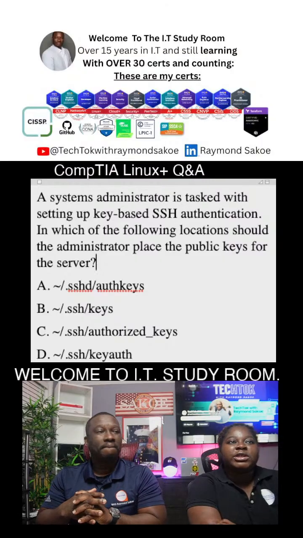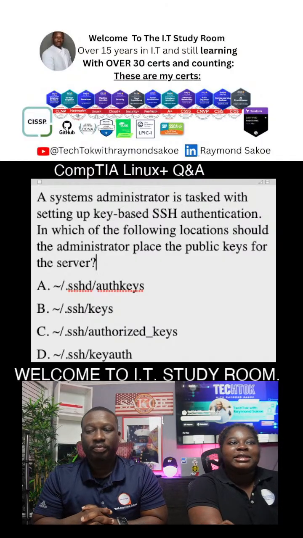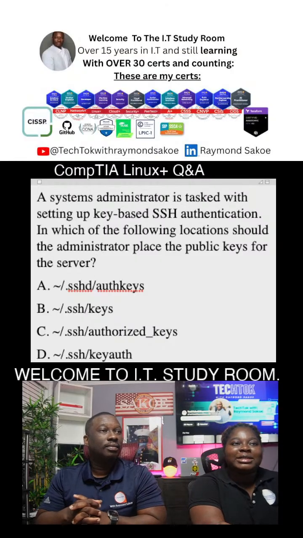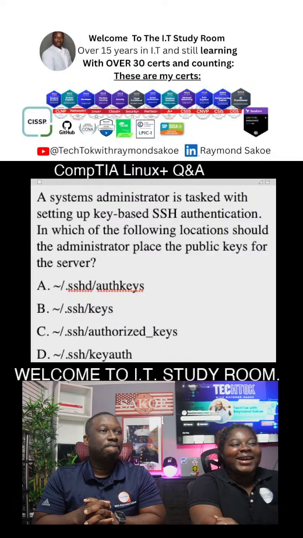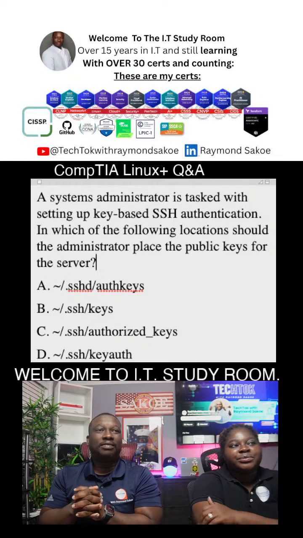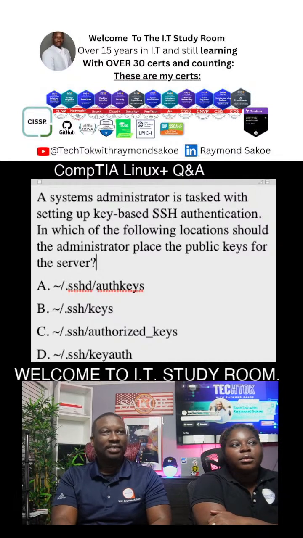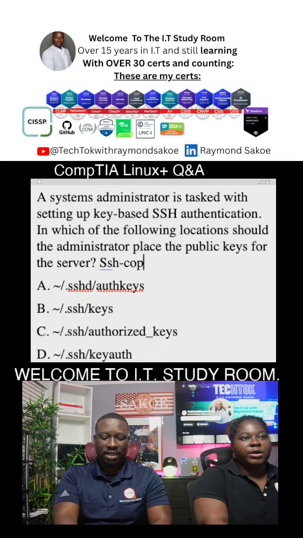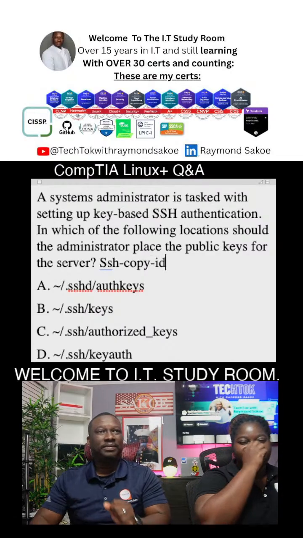A system administrator is tasked with setting up key-based SSH authentication. In which of the following locations should the administrator place the public key for the server? Okay, we have B. And for those that have been here for a little while, I remember we talked about ssh-copy-id.